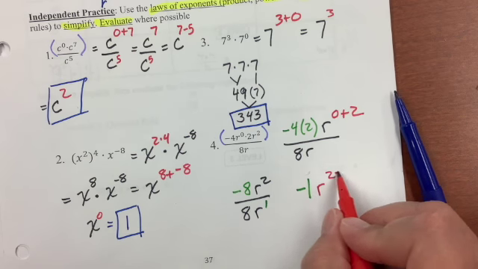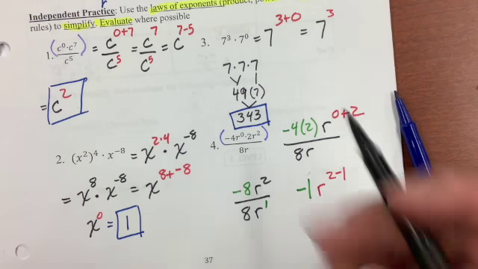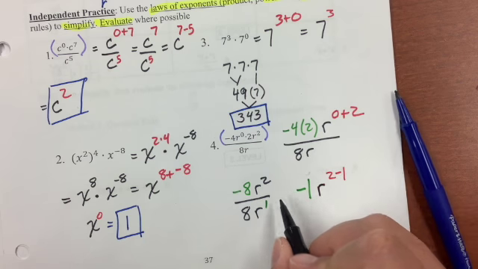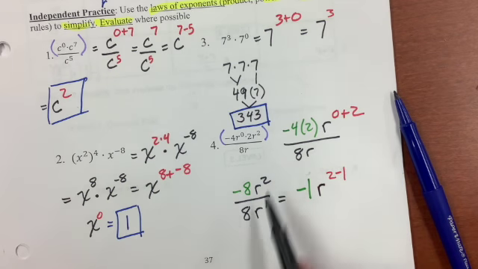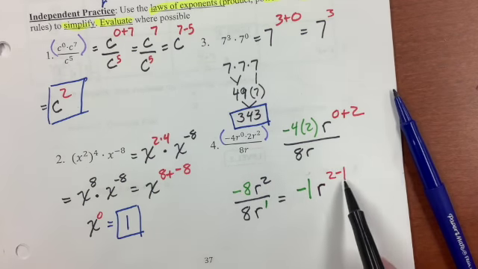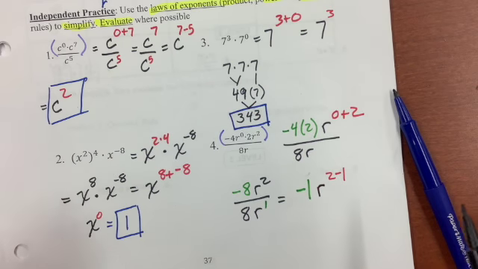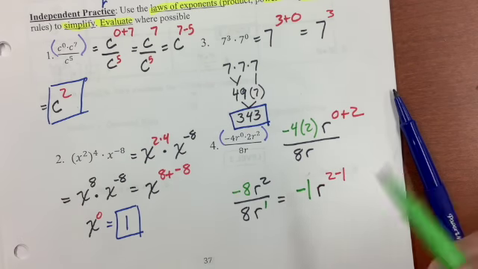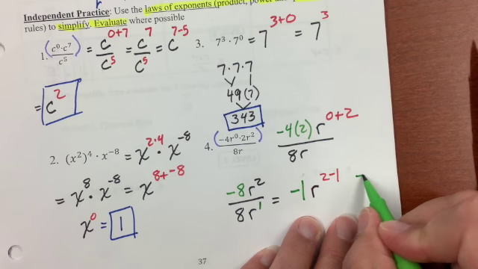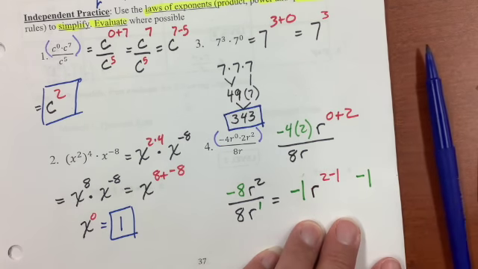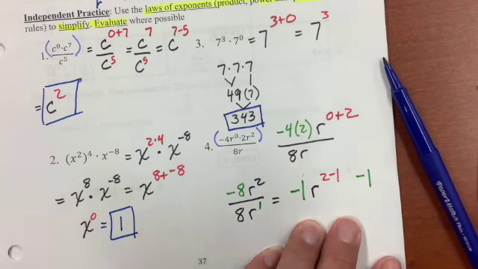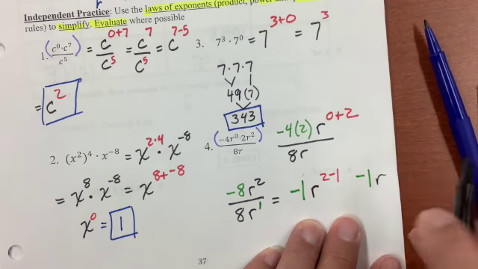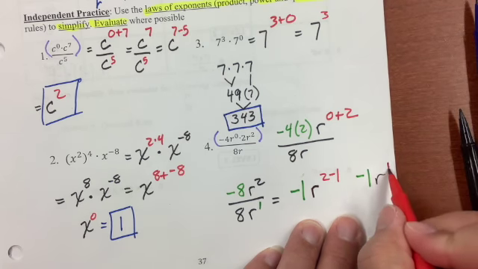I wrote that in the wrong color, 2 minus 1. So let's fix this. 2 minus 1 is 1. So this ends up looking like negative 1 r to the first power.